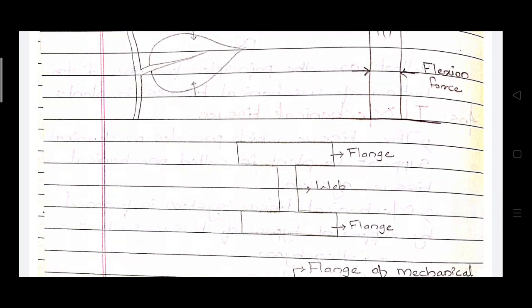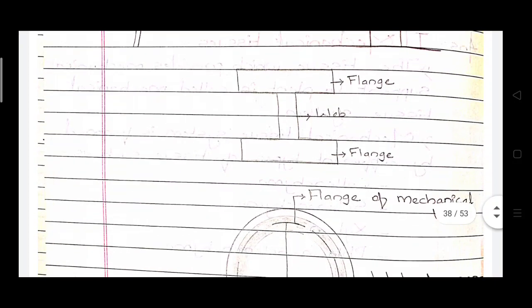So what is the mechanical system in the plant? On both sides there are flanges, and these flanges are connected with the web. This mechanism is observed in the plant.